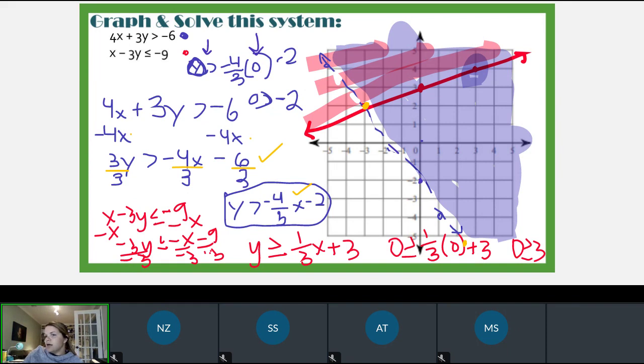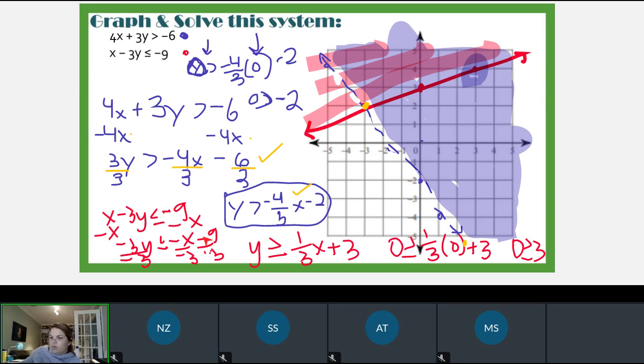All right, now if you look at what I did at the bottom, this one was a little tricky because we had to remember a specific rule about inequalities. So the first thing that I did was I subtracted x from both sides. So then that left me with negative 3 times y is less than or equal to negative x minus 9.